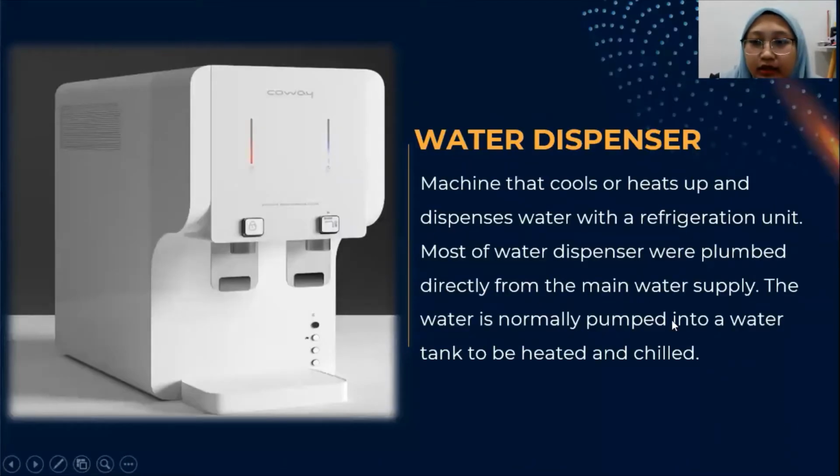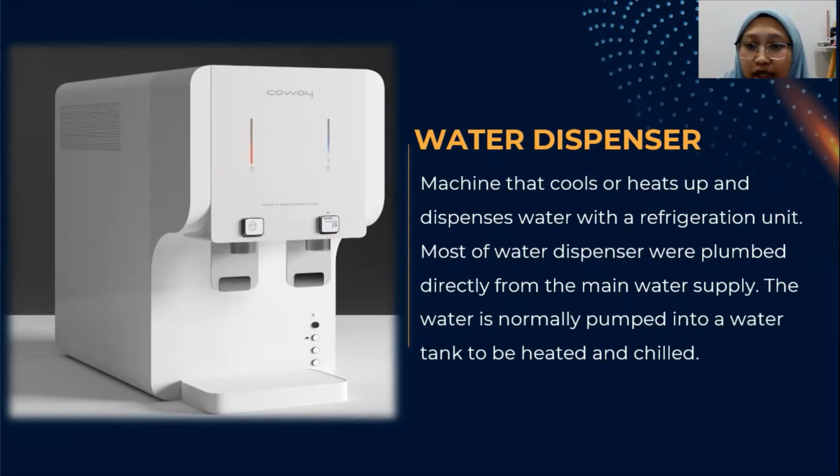Next, I will explain about what a water dispenser is. A water dispenser is a machine that cools or heats up and dispenses water with a refrigeration unit. Most water dispensers are plumbed directly from the main water supply. The water is normally pumped into the water tank to be heated and chilled.